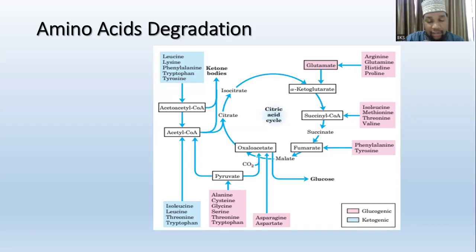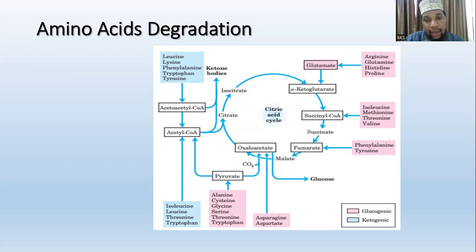On the basis of this, the amino acid carbon skeletons after transamination are classified as ketogenic or glucogenic. Ketogenic means the breakdown products lead to formation of ketone bodies or fatty acids, while glucogenic means the breakdown can lead to formation of glucose and subsequently glycogen.